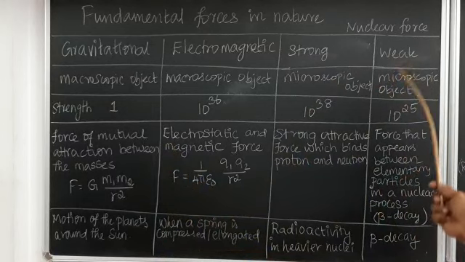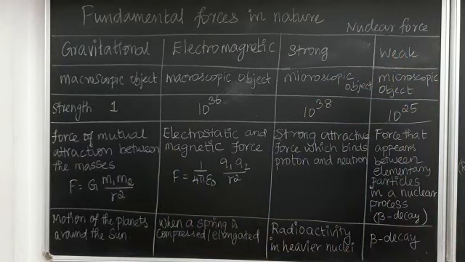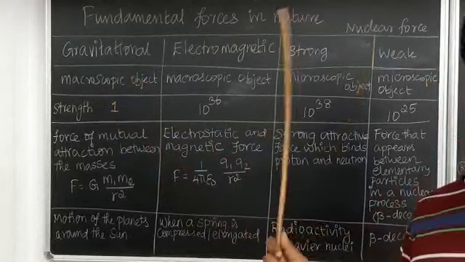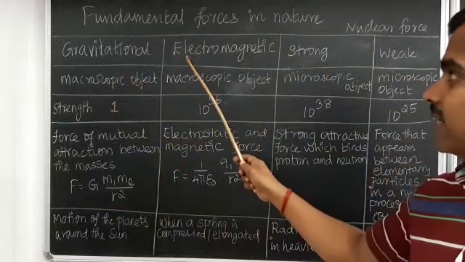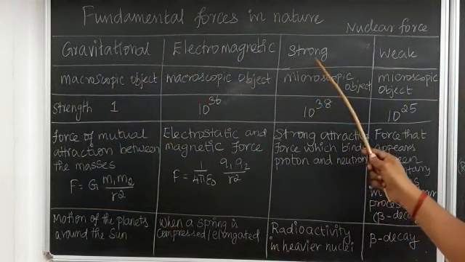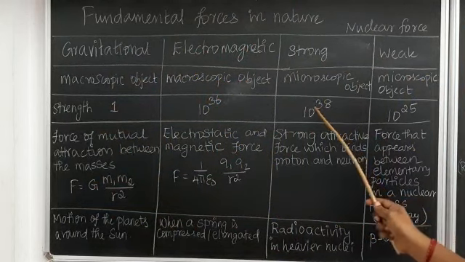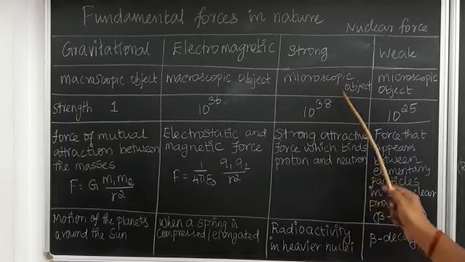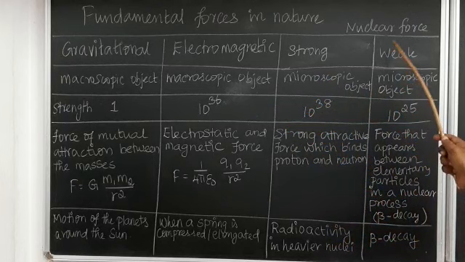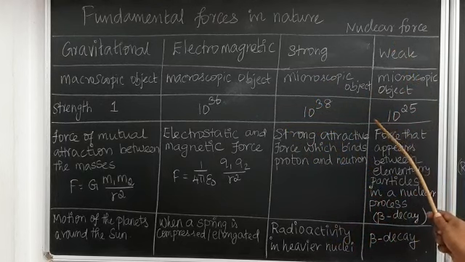And weak nuclear force is also the interaction between microscopic objects. And the strength of the force: the gravitational force is least, 1, right? The strength of electromagnetic force is in the order of 10 power 36, and the strength of strong nuclear force is 10 power 38. That is why I said the greatest is the strong nuclear force, and weak nuclear force is 10 power 25, right?